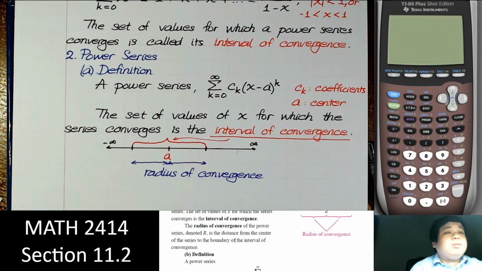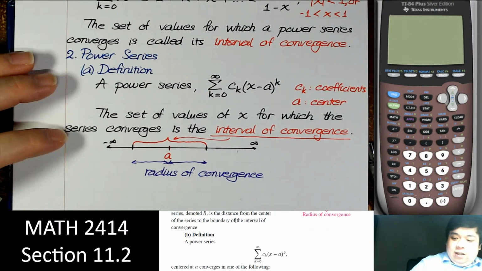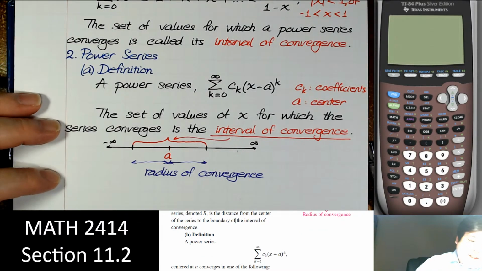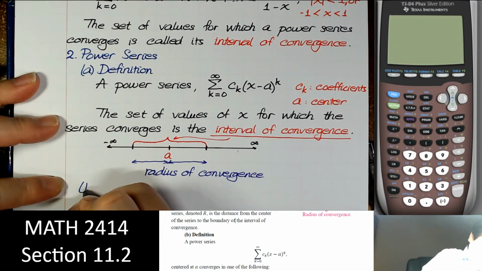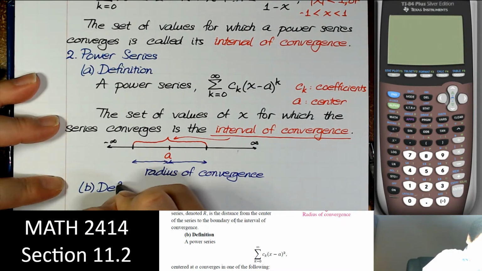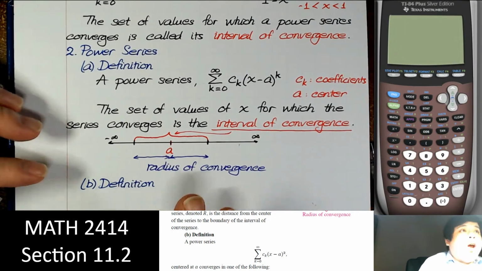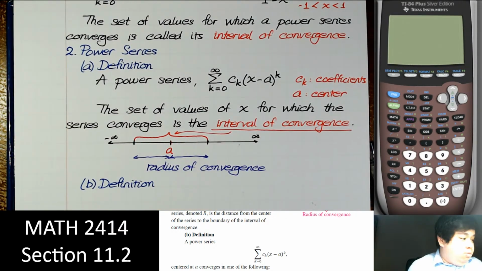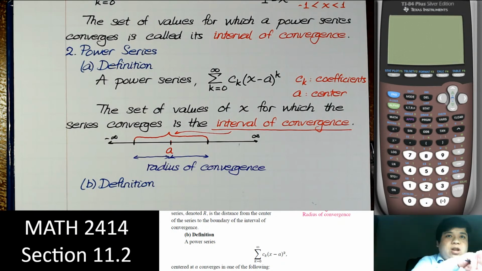Right. That's why the center of the power series is the big deal, because from that center to the outside of the interval, those should be the same number.